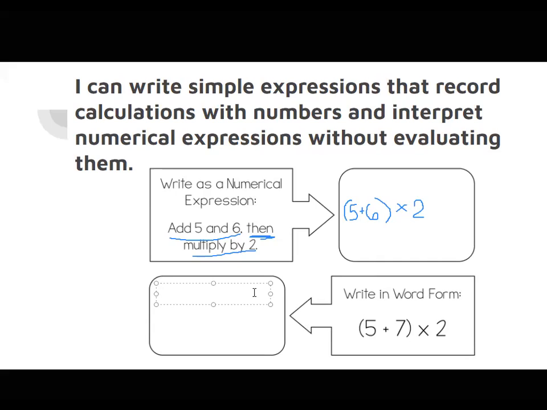So if we write this one similar to the one we just looked at before, we could say add 5 and 7, then multiply by 2. And so that means we would have to add what's in parentheses first and then take that answer and multiply.